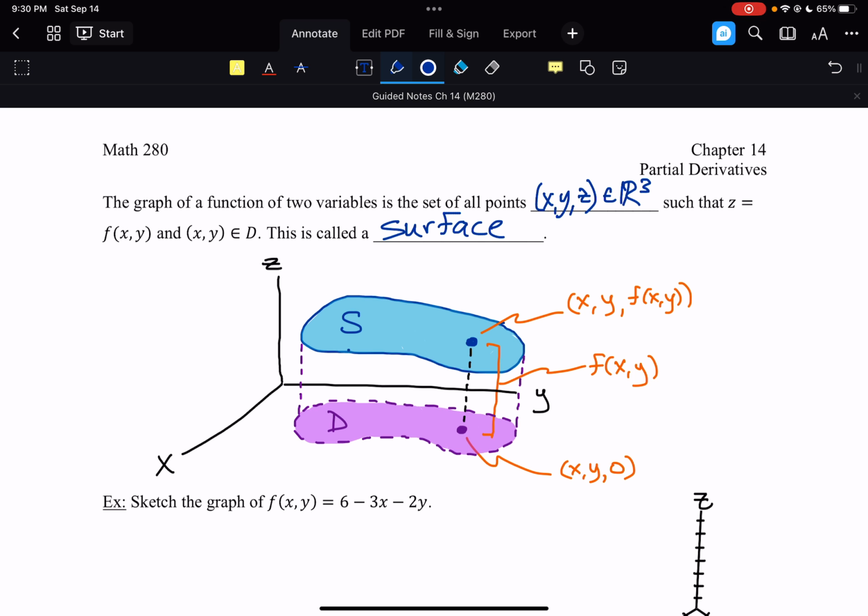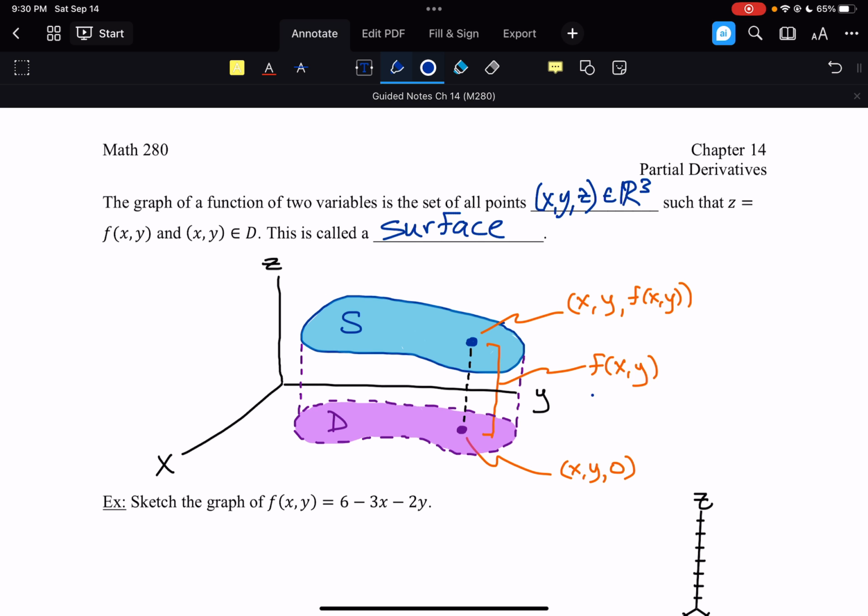So you can see over here, the surface is the one in blue. The domain is all of the possible inputs, okay, in the xy plane that when you plug them into the function, it plots a point on the surface. So you can see down here, we have xy 0, okay, so all the xy values get taken from here.